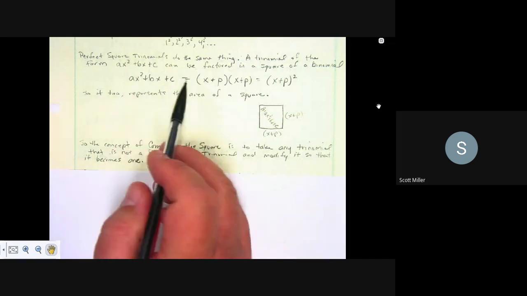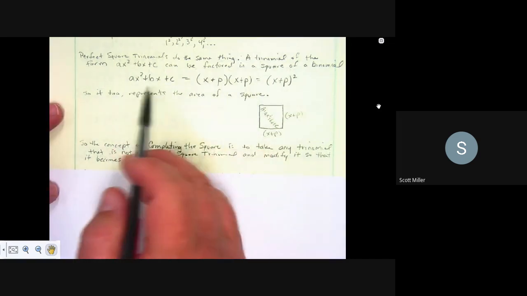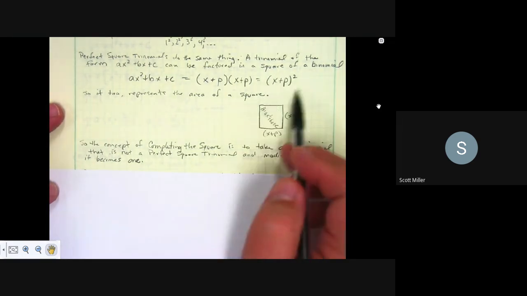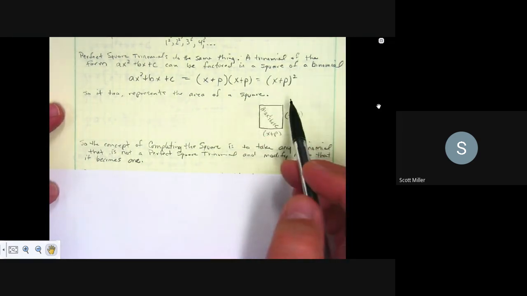All right, so the concept of completing the square is to take any trinomial that is not a perfect square trinomial and modify it so that it becomes one. Not all trinomials are perfect squares. So we're going to take the ones that aren't perfect squares and modify them so that we get something that is a square of a binomial.